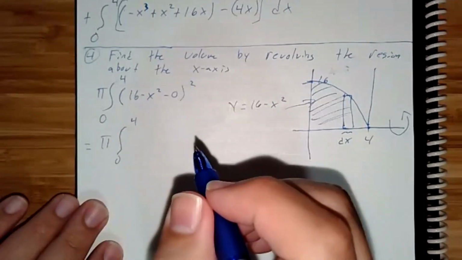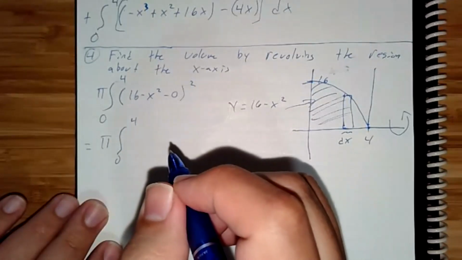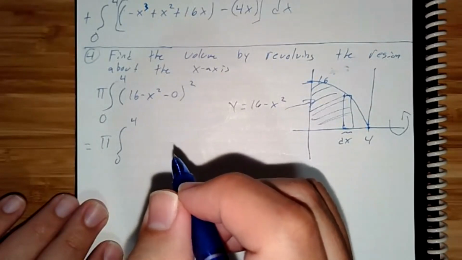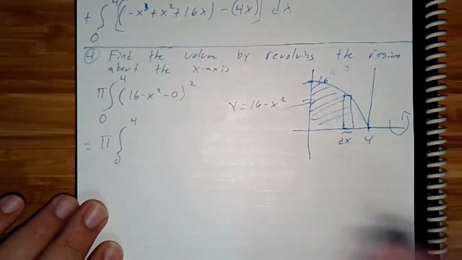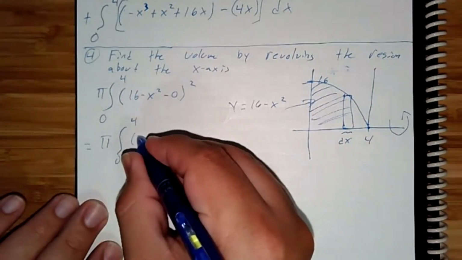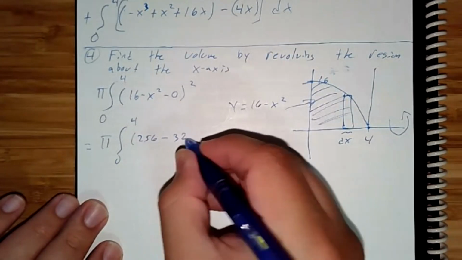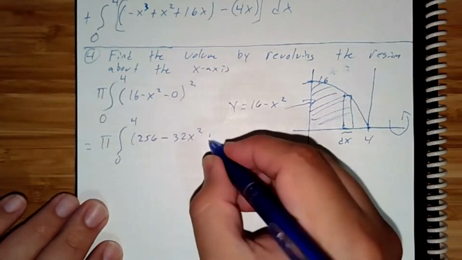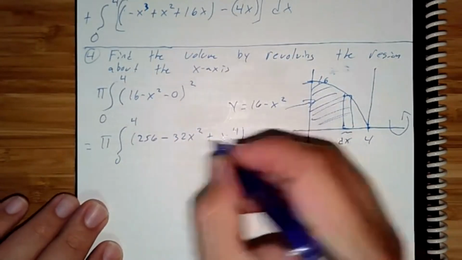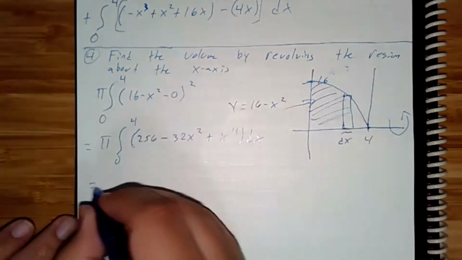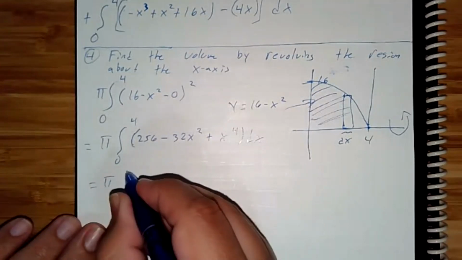Okay, what is 16 squared? 256. Okay. Hold on. Yeah, there it is. All righty. So here is my multiplication. Now integrate.